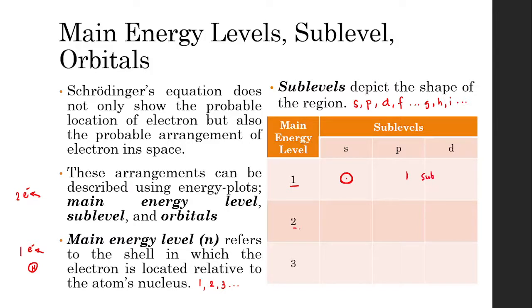If you have main energy level 2, it means you have 2 sublevels, S and P. And if you have an electron found at the third main energy level, it means you would have 3 sublevels: sublevel S, sublevel P, and sublevel D.